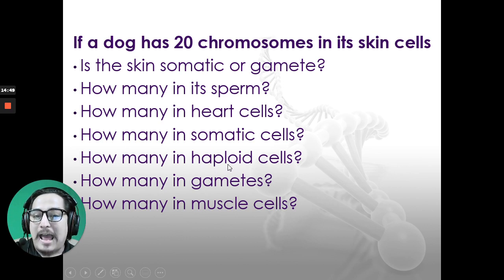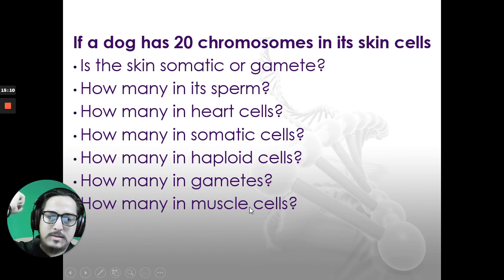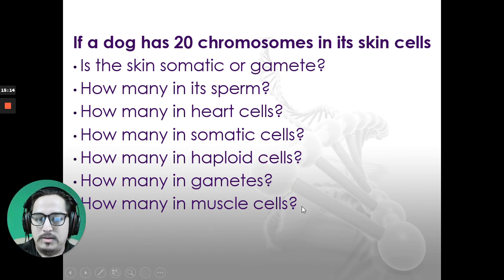Haploid, half. So which ones are the half? Just N by itself. So N will be 10, right? That's the half of 20. How many in gametes? Well, you need to remember that gametes are the ones that are sex cells, which are the half ones. That will be 10 again. And then muscle, that will be like skin, body, bone. So that's the whole 20.